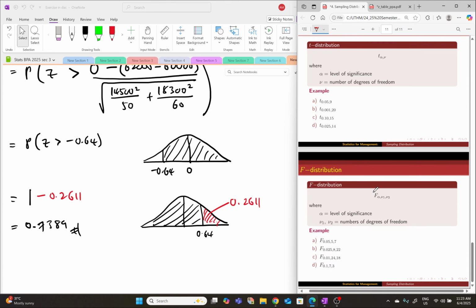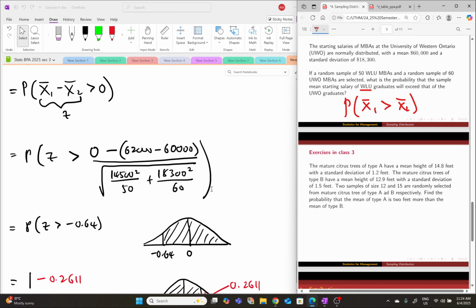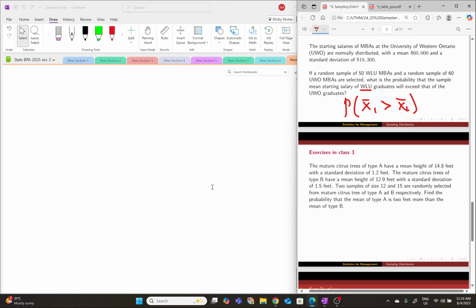One last question, and then I need to show you how to use the table. This is a very quick one, we will do together, but exercise wise only one last question here. Okay, we are going for exercise in class 3, last one for this topic.